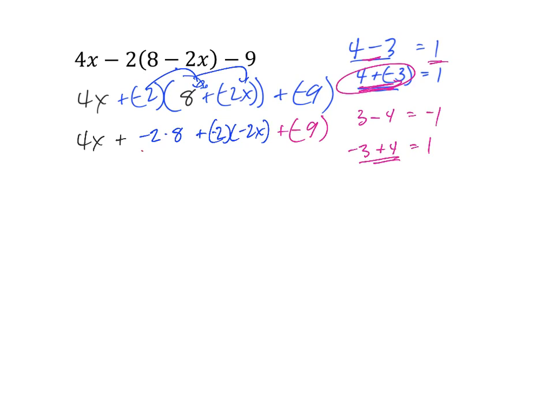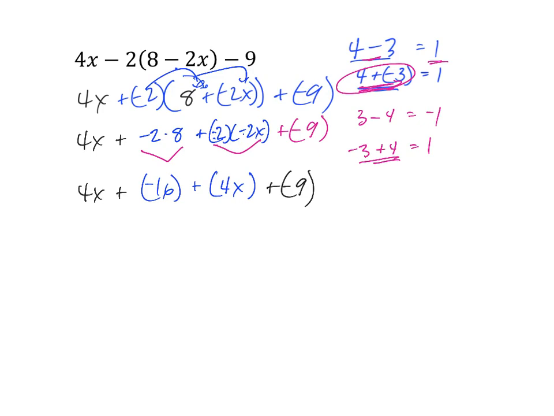Now we need to simplify these two after we've used the distributive property. So we're going to have 4x plus negative 16 plus, negative times a negative is a positive, 2 times 2 is 4, plus positive 4x plus negative 9.